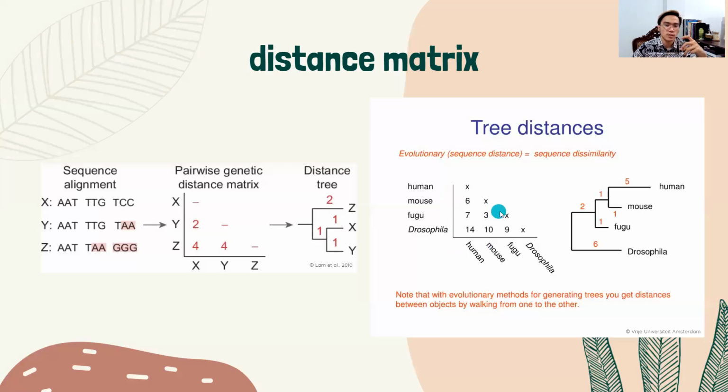We're not going to say that they are more closely related yet, because we don't have the tree yet. We can say they should be closer because they have fewer differences in the gene sequence. To walk from mouse to fugu, you only need 3 units of genetic distance.